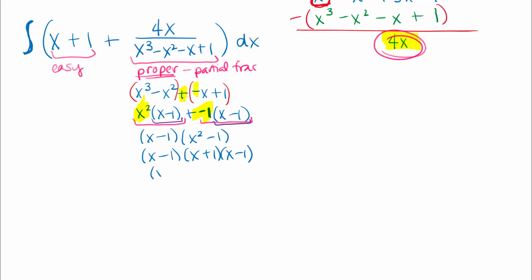One thing that I might notice is that I really have the same factor twice. So I have a linear factor with multiplicity 2, and then another linear factor. So this is a linear factor, degree 1 factor, but it has multiplicity 2 because it occurs twice, and then another different linear factor.